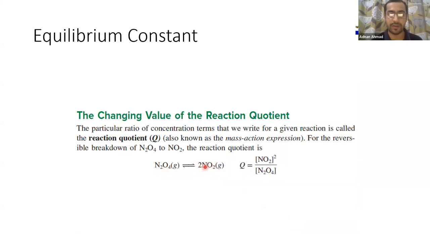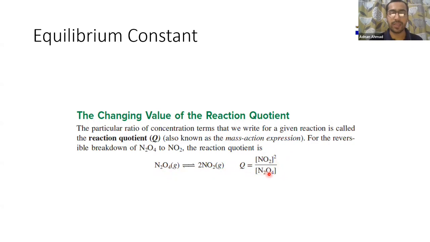This is our product, and this is our reactant. We write the product on top and the reactant at the bottom, and the moles are written as a power. So we have 2 moles on this side, and we write 2 as a power here on NO2.